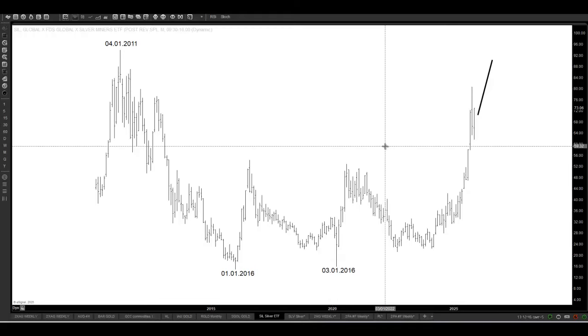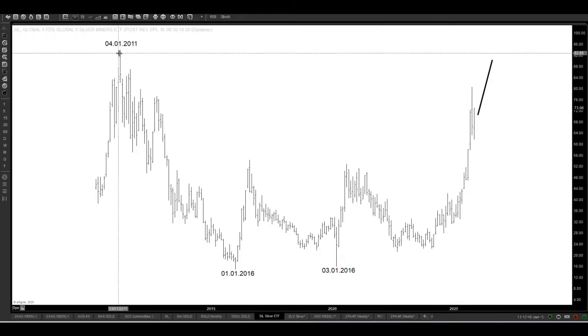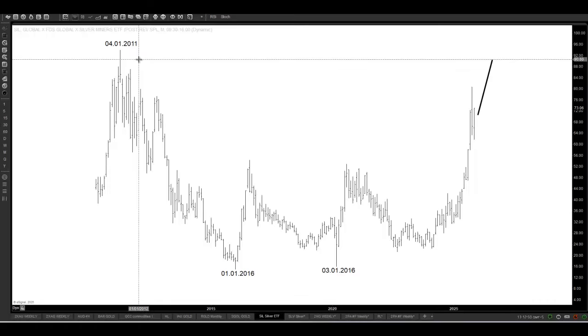What is the difference here? It hasn't broken 2011. It hasn't broken 2011.